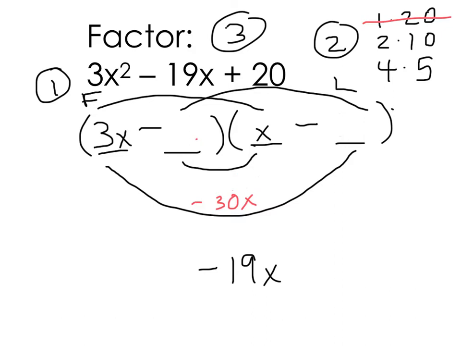I'm telling you, you get faster at this. You get a sense of what you're looking for. Then, let's try 10 and 2. Negative 10x, negative 6x. That's not right. Let's erase that.